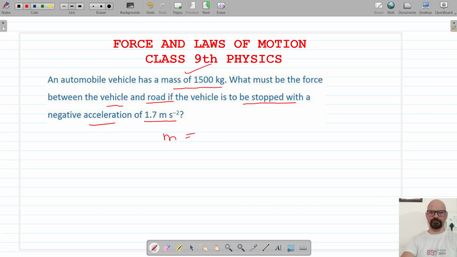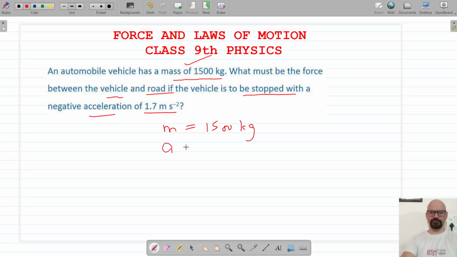We are just going to use the formula of the force. Mass is 1500 kg. Acceleration is negative 1.7 meter per second square. And we know that force is equal to mass into acceleration.